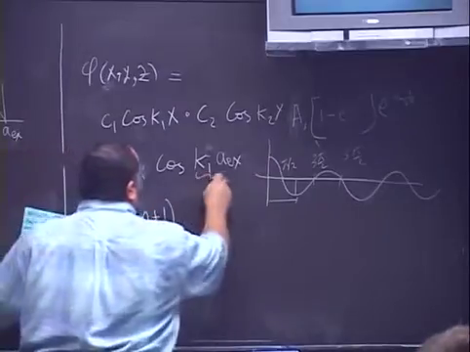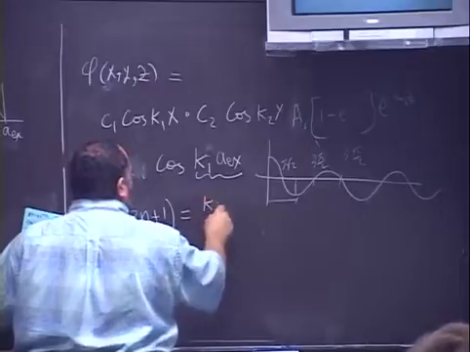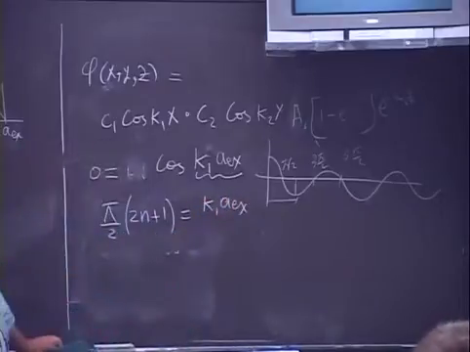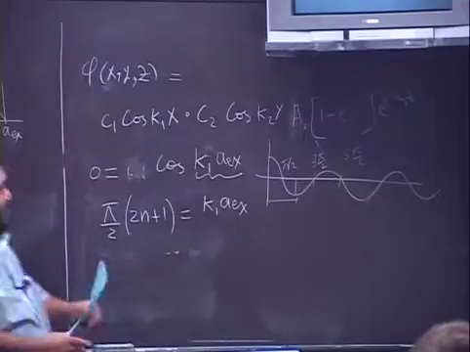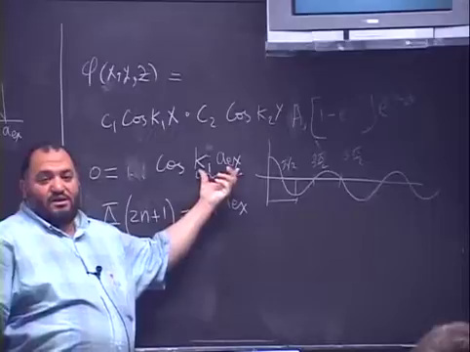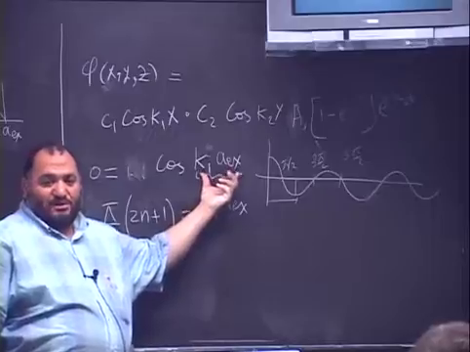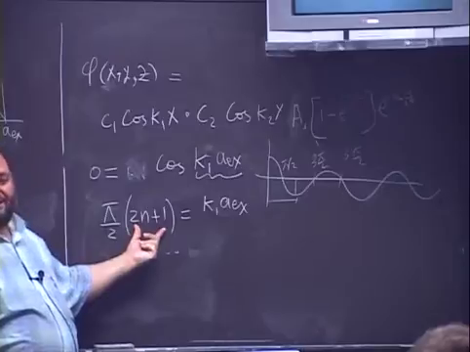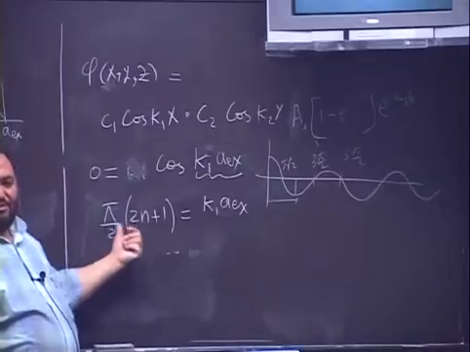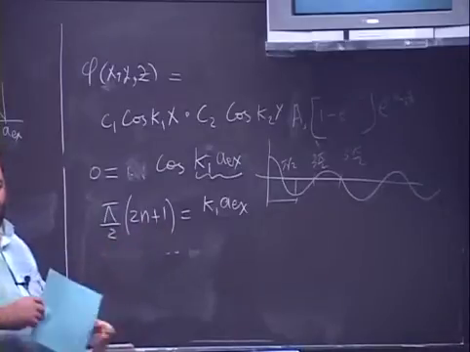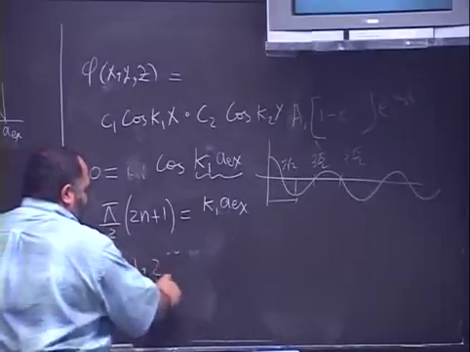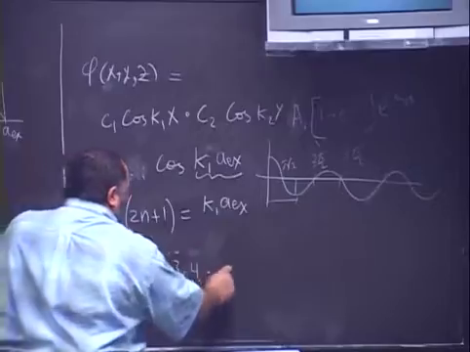So if k1 a extrapolated is equal to this, the cosine will be equal to 0. If the coefficient of the cosine is an odd number multiplied by pi over 2, it will be 0, because n here is 0, 1, 2, 3, 4, and so on.